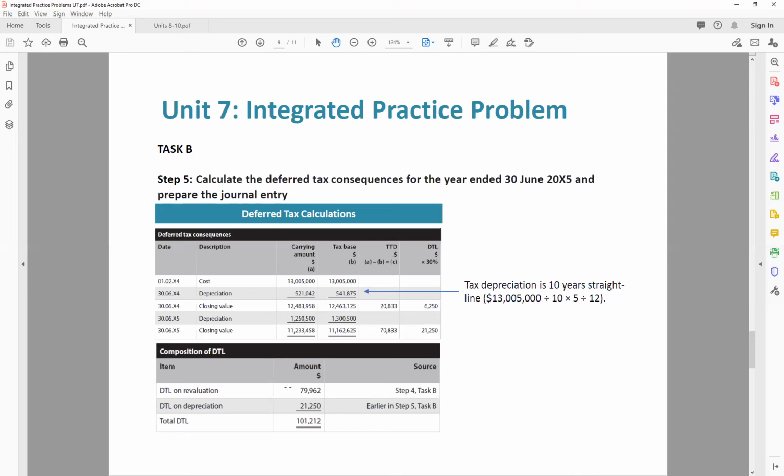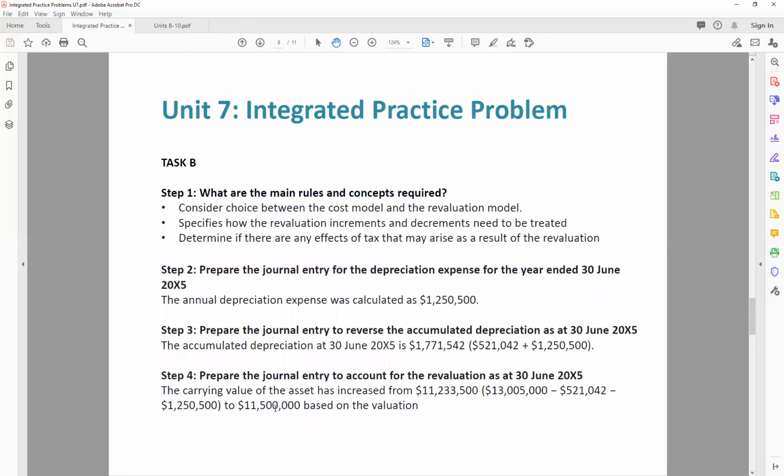But in terms of the total balance of deferred taxes, we also need to consider the impact of the revaluation. From the revaluation perspective, we can see that the machine has actually gone up in value from 11,233,000 to 11.5 million.